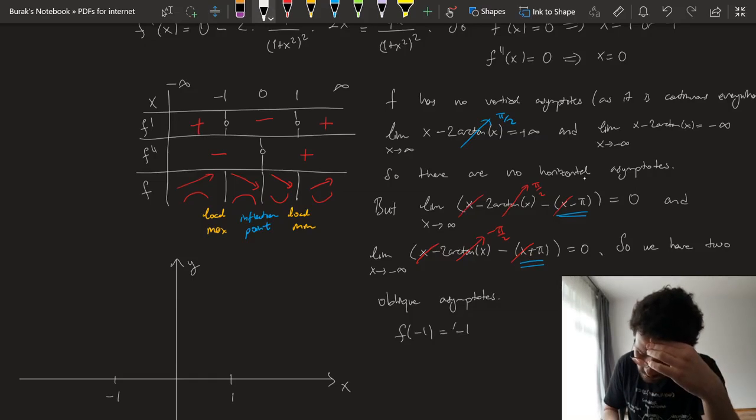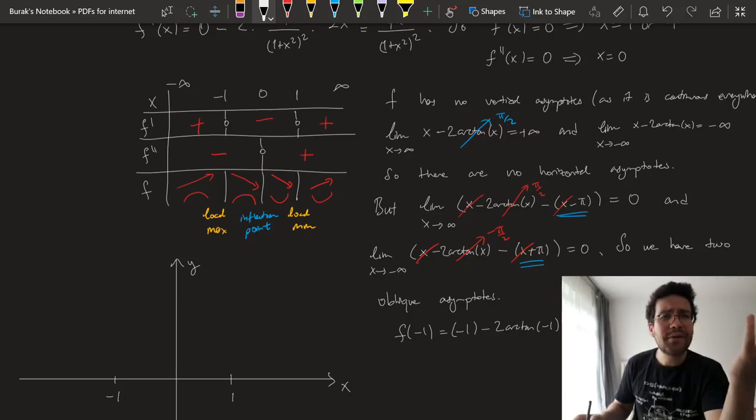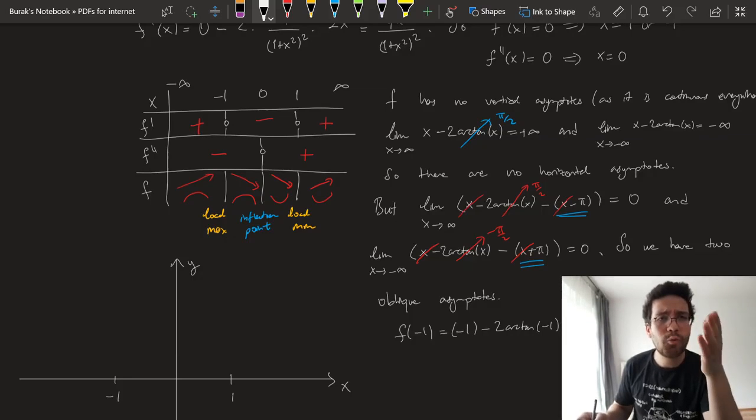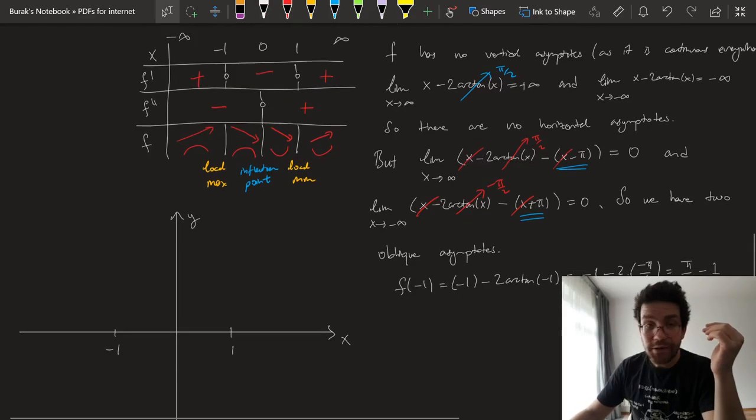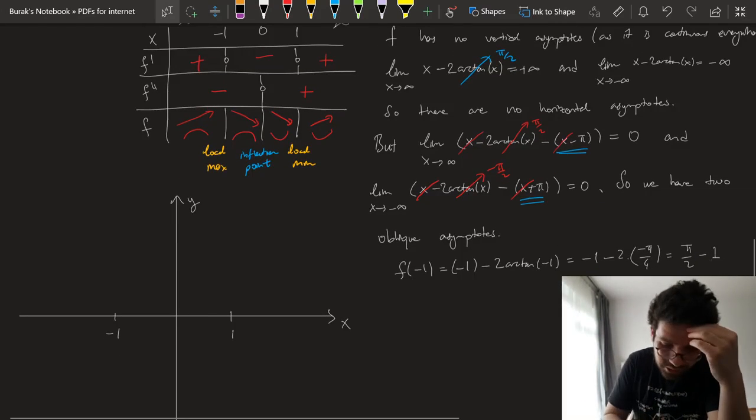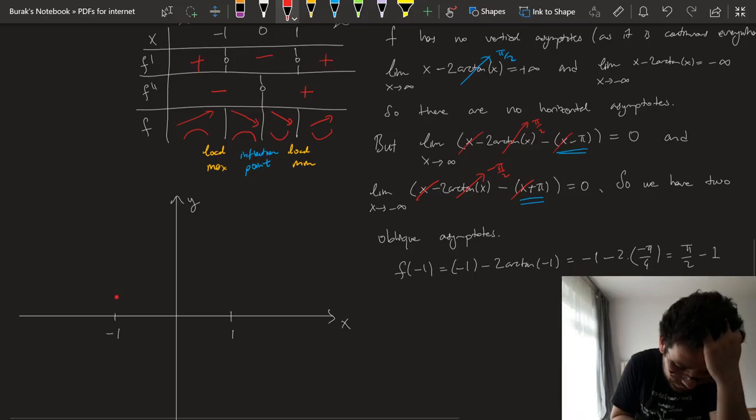So I have -1 minus 2 arctangent of -1, and this is going to give you -1 minus 2 times minus pi over 4. So this is going to give you pi over 2 minus 1. So this will be a positive number because pi is like 3.14159265. So pretend that it's over here.